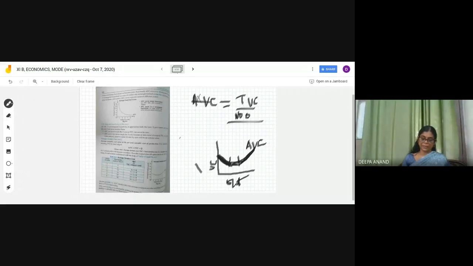Initially it decreases. You can see at this stage on the board it decreases, then becomes constant, then it increases.